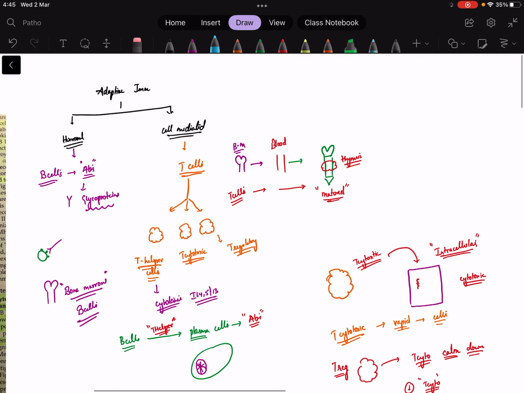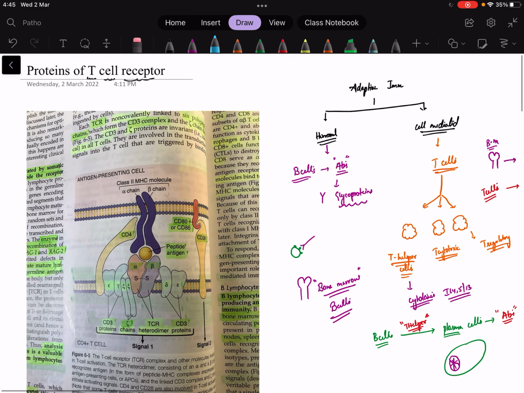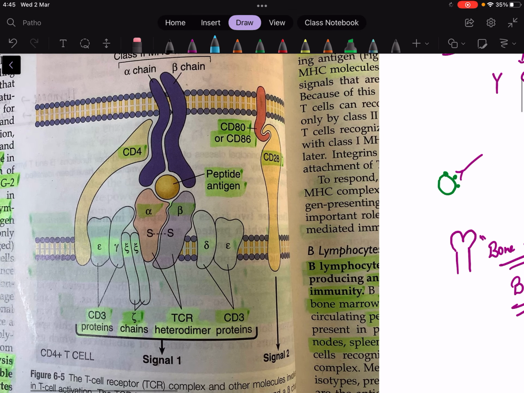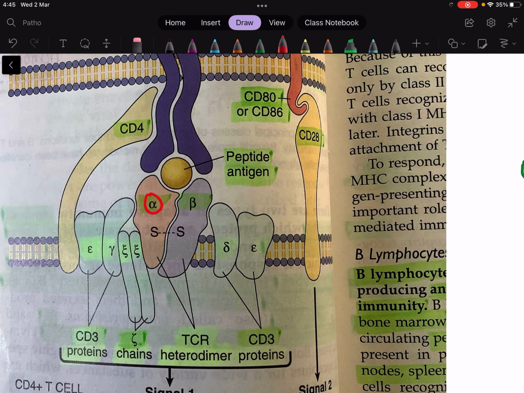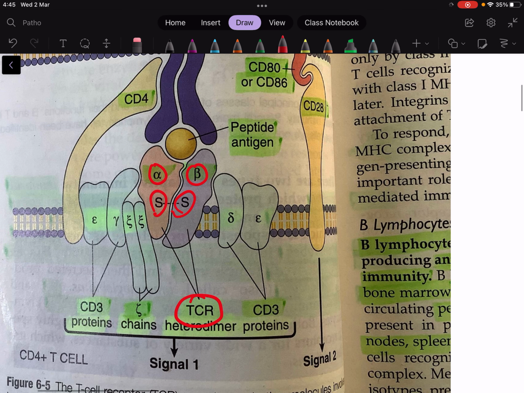Okay, so now I am going to show an image which is taken from your pathology textbook. As you can see here, basically the T cell receptor is going to consist of your alpha and beta heterodimer linked with disulfide bonds, and this is called your T cell receptor.